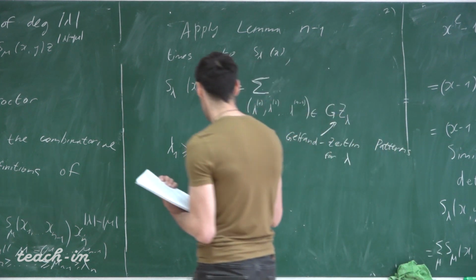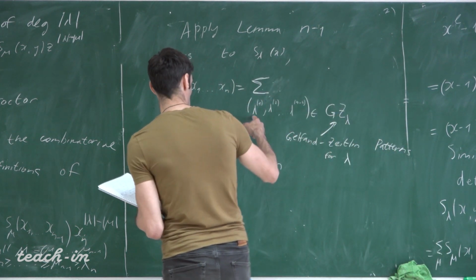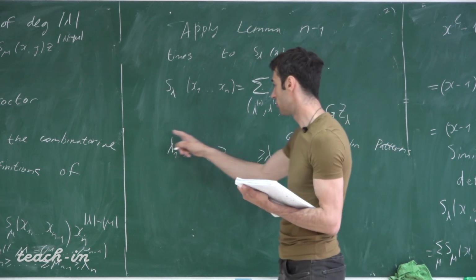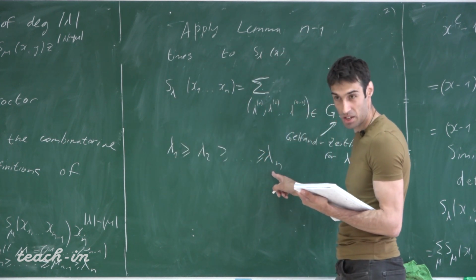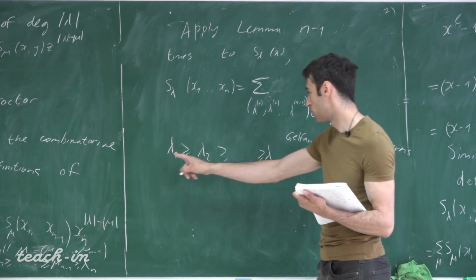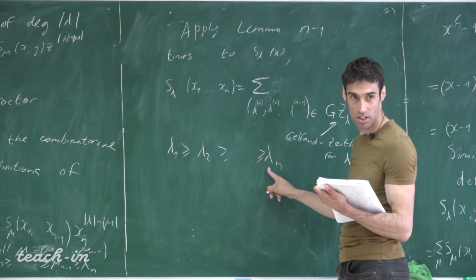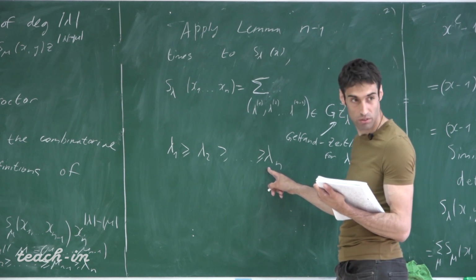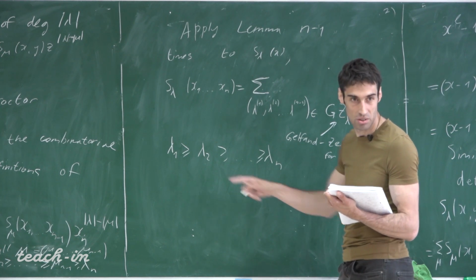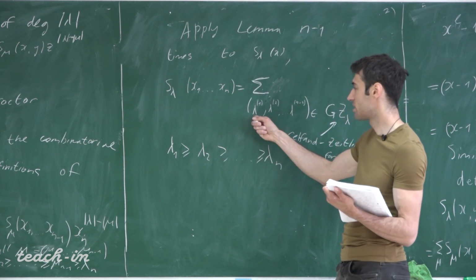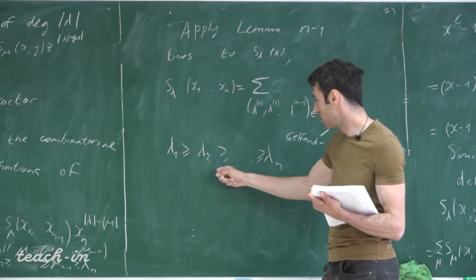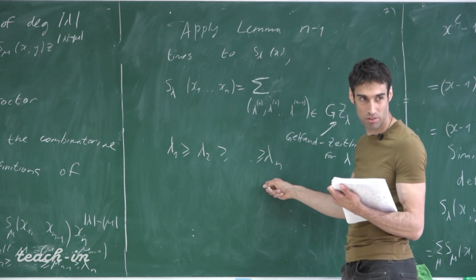Right? Then you take lambda 1, which is another partition. A partition is a bunch of non-negative integers, such that they are non-decreasing. So lambda 1 is another partition, but its parts sit in between the parts of lambda.